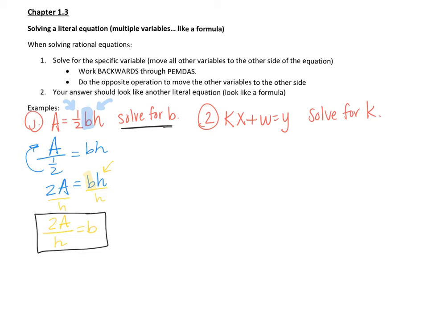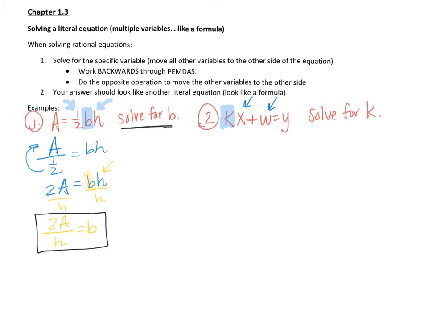What that means is that I need to get this k all by itself. So I need to get rid of my x and my w. If we were solving a regular linear equation, I would get rid of that w first.